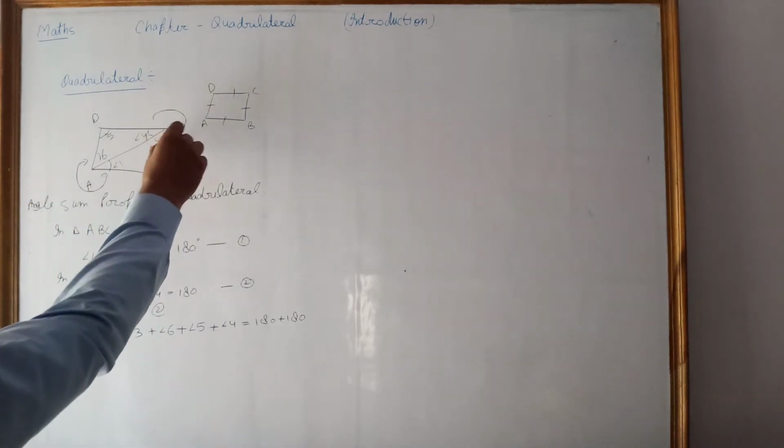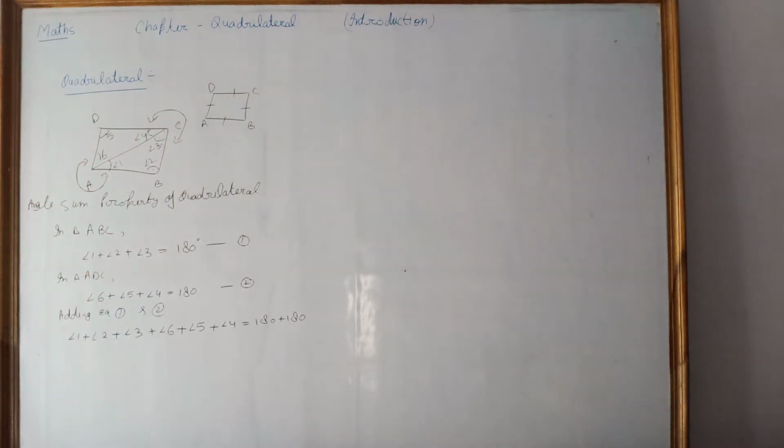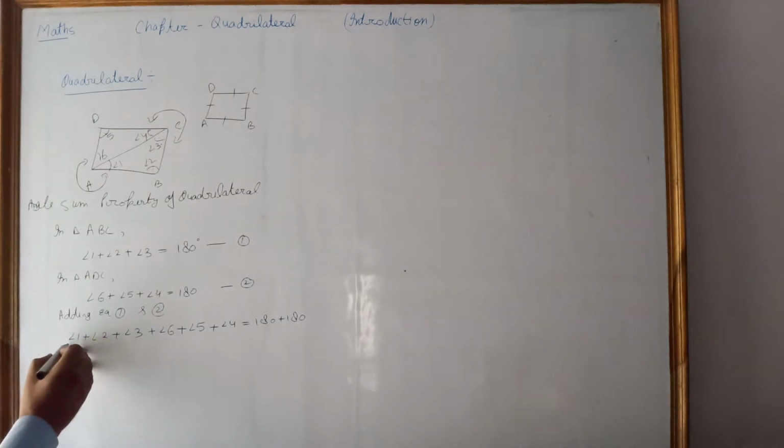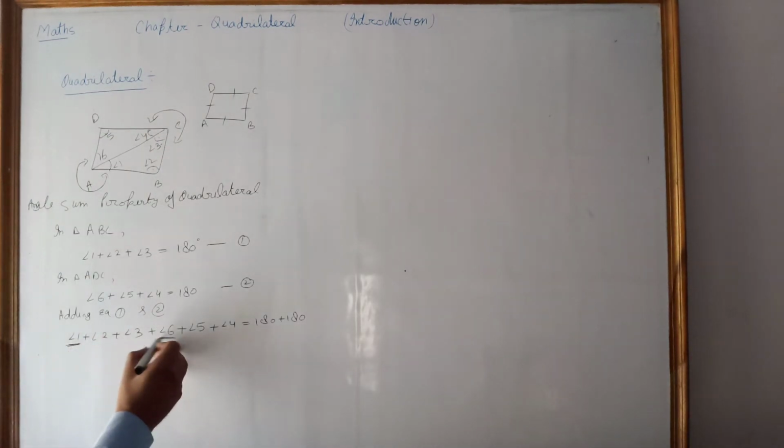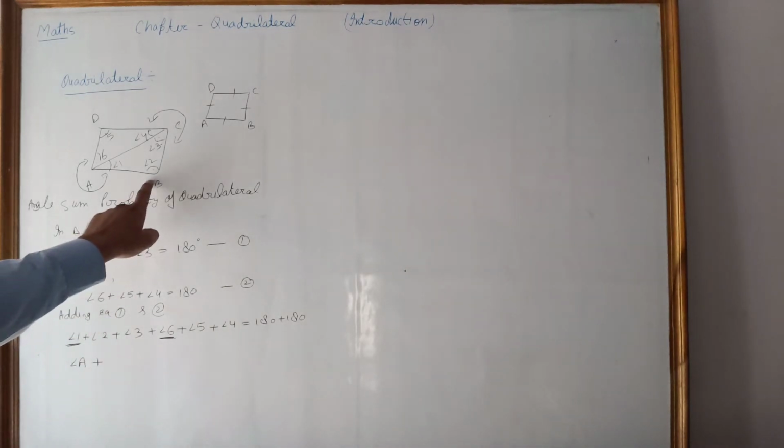Similarly, angle 3 and angle 4 together make angle C. So in place of angle 1 and angle 6 we can write angle A. Is it clear? Now see angle 2. What is angle 2 here?